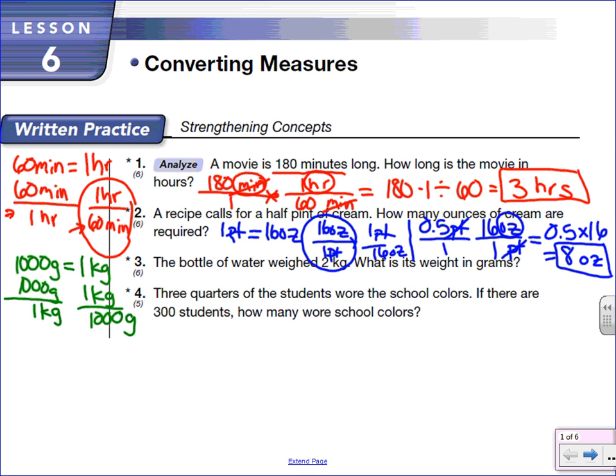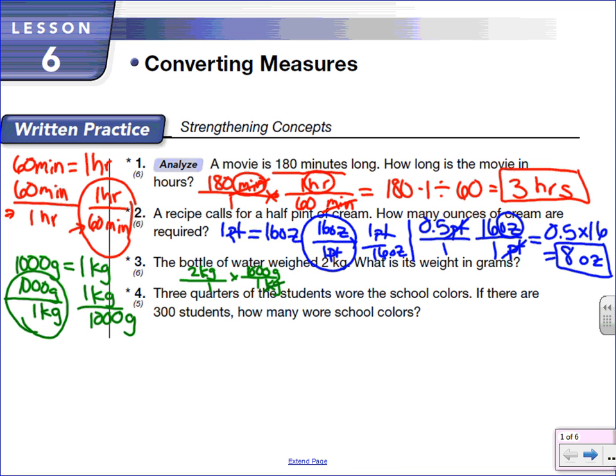So if the bottle of water weighed 2 kilograms, I would start and say 2 kilograms over 1. Always take the information they gave you and put it over 1, and then I'm going to multiply that by a fraction. Since I see kilograms on top here, my next fraction will have to have it on the bottom to get rid of it. So I pick the one that has kilograms on the bottom, and I fill in that information: 1,000 grams over 1 kilogram.